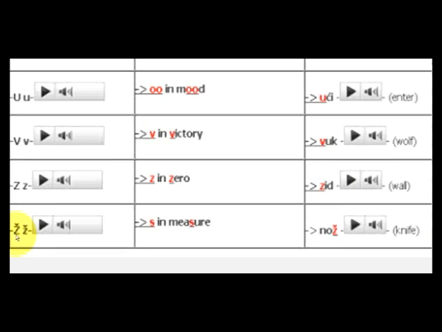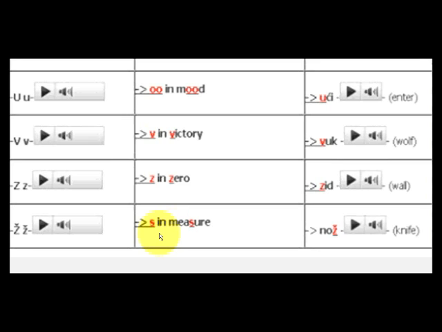Ž, veliko slovo Ž, malo slovo Ž. This is similar to pronunciation of the word measure in English.